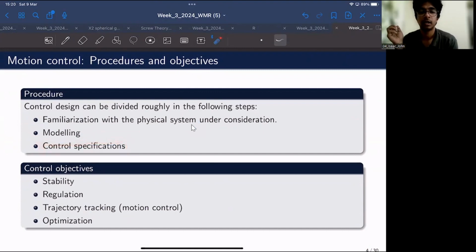As we are designing a controller, we would also need to specify the performance that we expect from a motion controller. For example, if you want the controller to converge to the desired trajectory very rapidly, the rise time should be minimal.